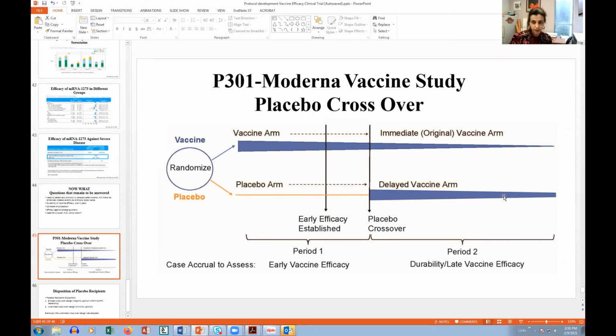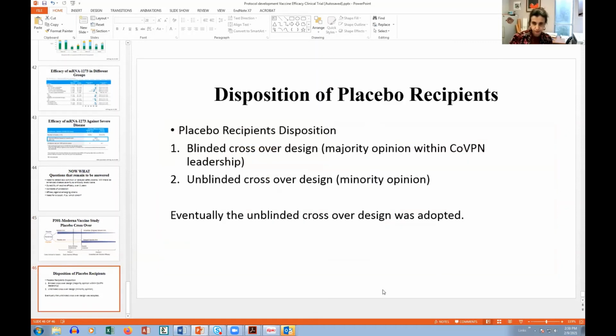The way we're going to compare this is delayed vaccination versus early vaccination, and compare these 2 arms in the long run. Initially, there was talk of a blinded crossover versus unblinded crossover, but eventually it's the unblinded crossover that was adopted.